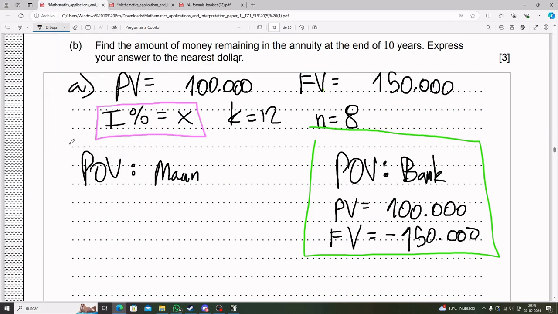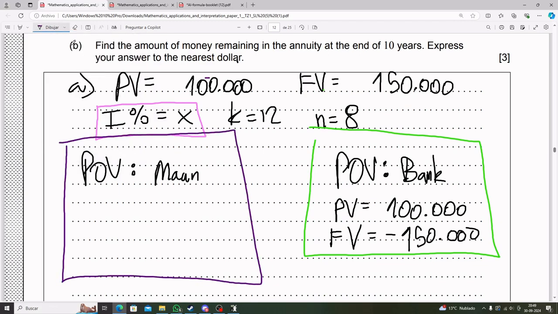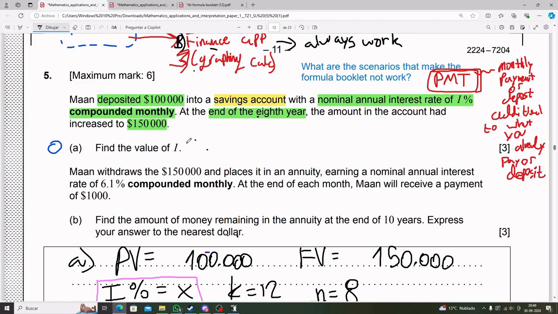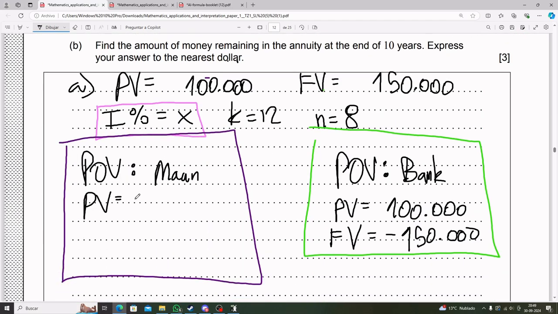While the perspective of my man, which I'm going to put over here in purple, is that from his pocket, he deposited $100,000 into the savings account. So initially, my man just lost $100,000, so it's a negative $100,000. And when he goes ahead and takes the money out of the bank, he earns back $150,000.